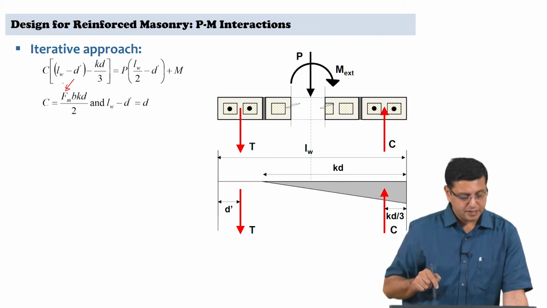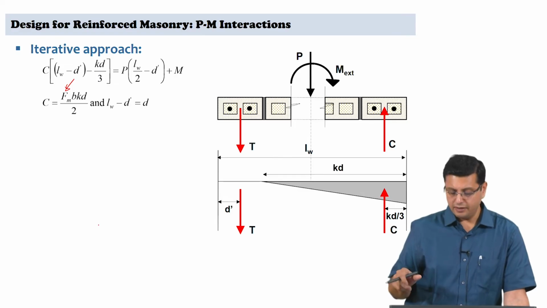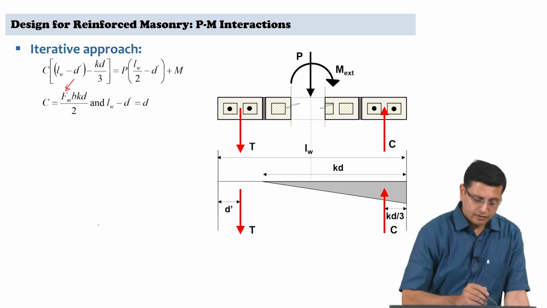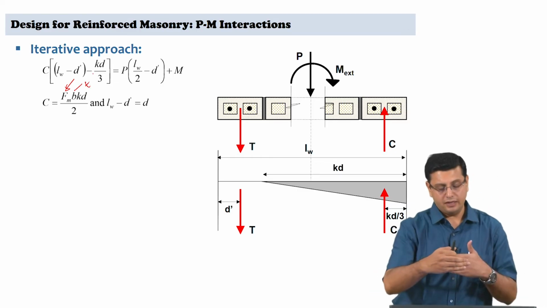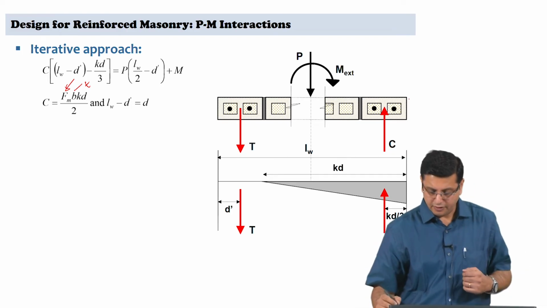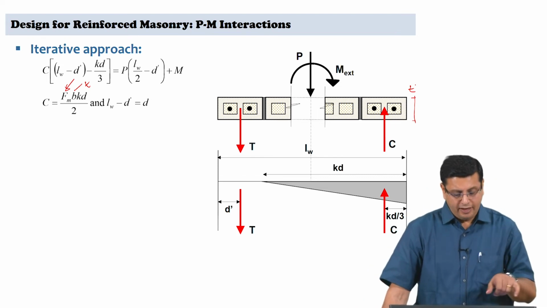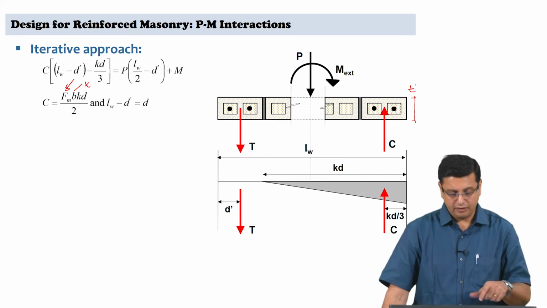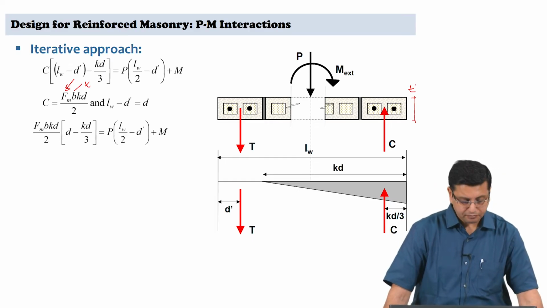So, Fm into b into kd. b is now the thickness of the wall. The thickness of the wall is denoted as b in these expressions. We had used t earlier in the interaction calculations, but it is b here, and Lw minus d' is taken as d for simplicity.